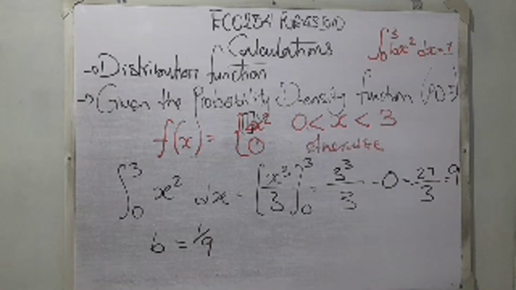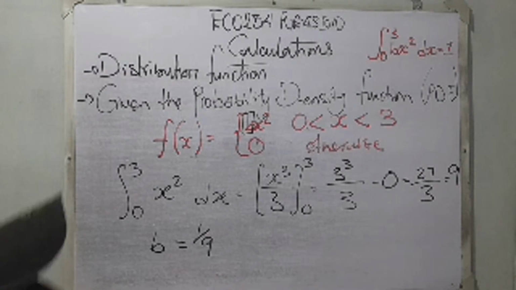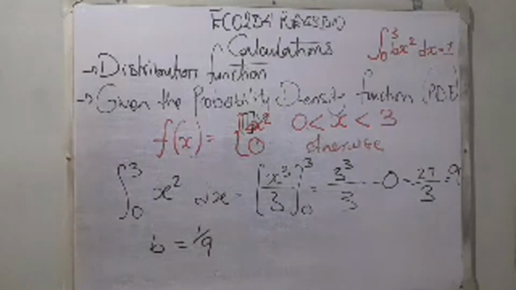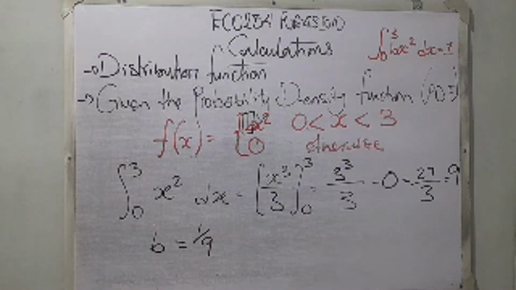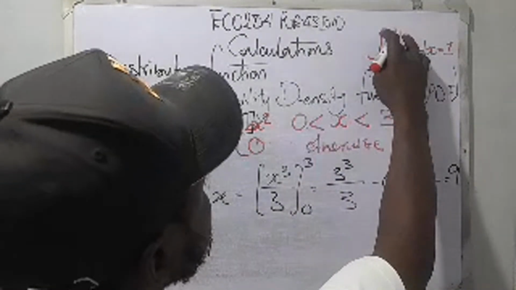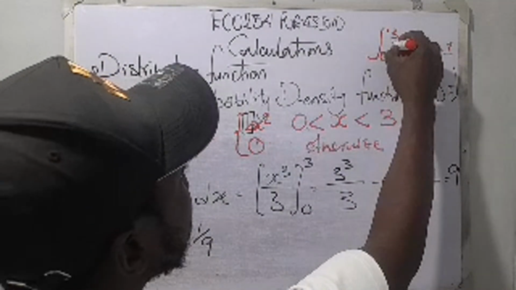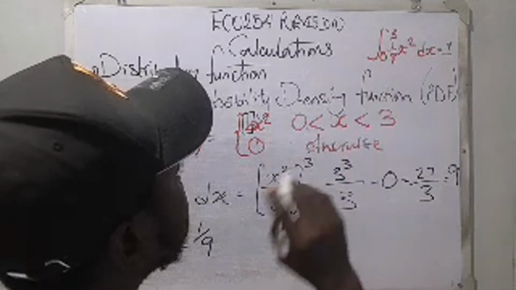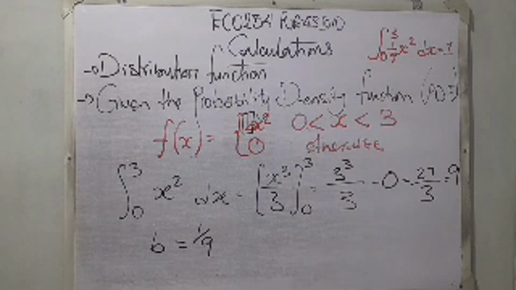But before then, let's make a correction. All right, 1 over 9, no longer b.